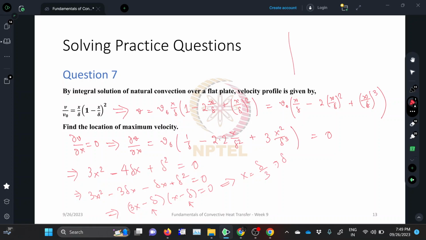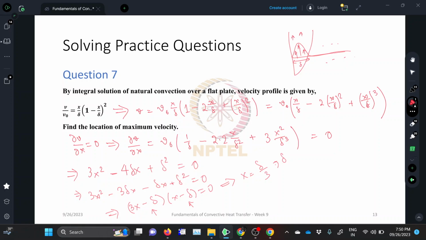And if we now physically try to see how this velocity profile might look like, it's something like this, right? And this being delta. So at delta, it can't be the maximum velocity, right? That's where the velocity boundary layer ends. That's why the velocity of the fluid becomes equal to the velocity of the quiescent fluid in the ambient, which is at rest.